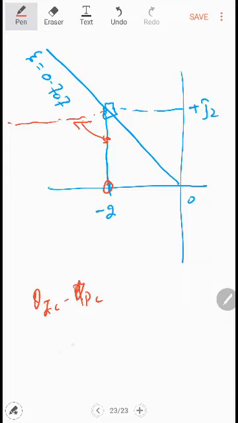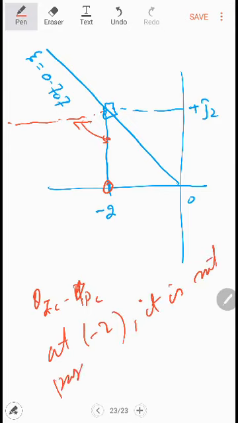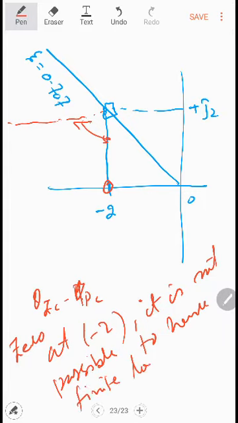But in this case it is not possible. So this means that at -2 it is not possible to have a finite location of the 0, or you can also say that pi zc minus pi pc will not be equal to 90.